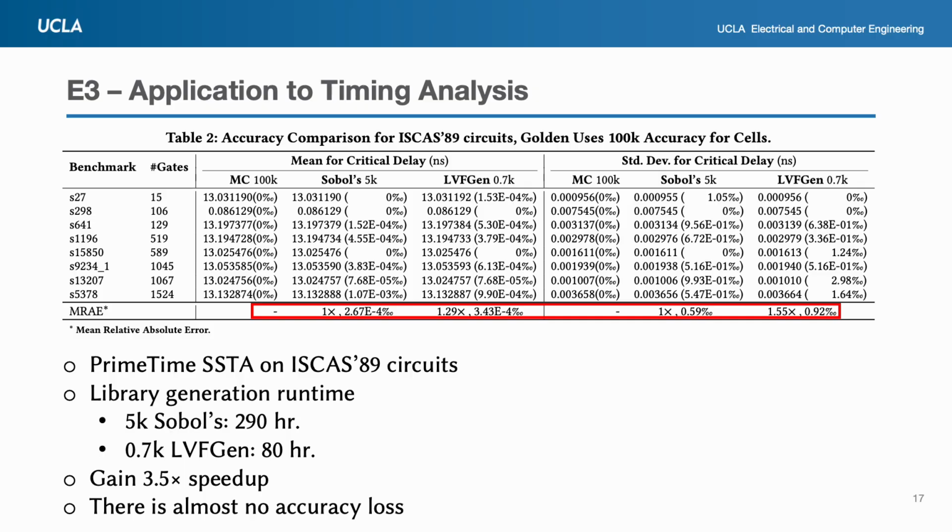In the table, you can find that there is almost no accuracy loss. So we can say our LVF gene can perform the characterization much faster with almost no accuracy loss.